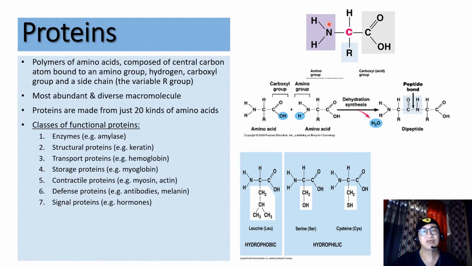Proteins are the most abundant and diverse macromolecules in the animal. Proteins are made up of just 20 kinds of amino acids, but the possibility of arranging these different kinds of amino acids can be very diverse.